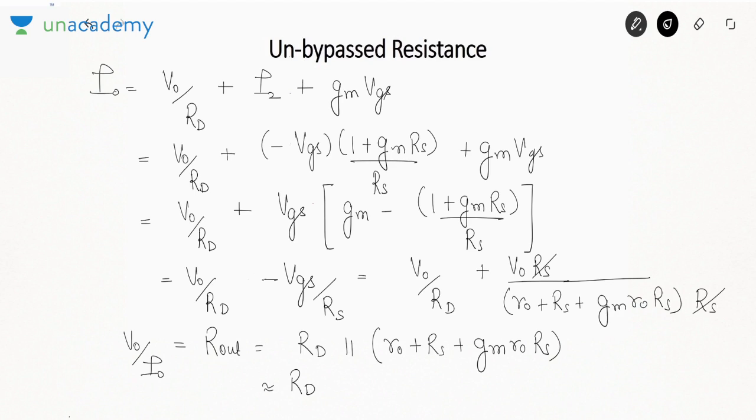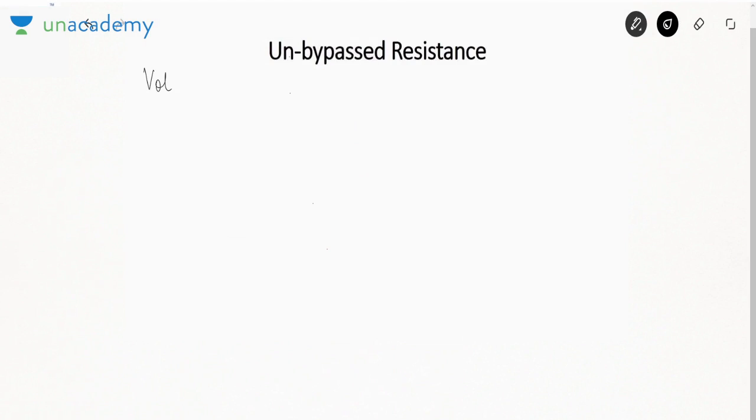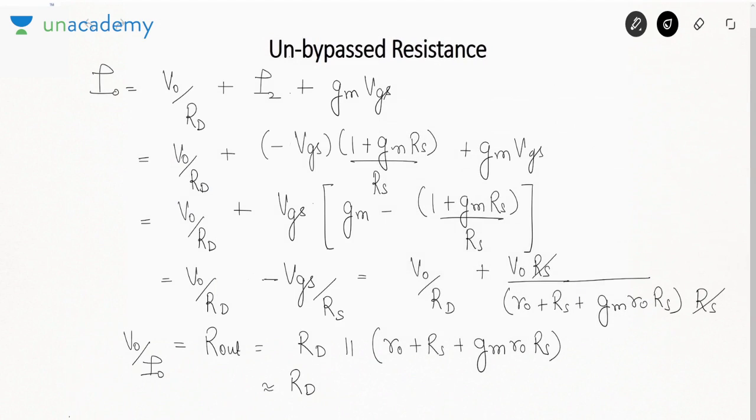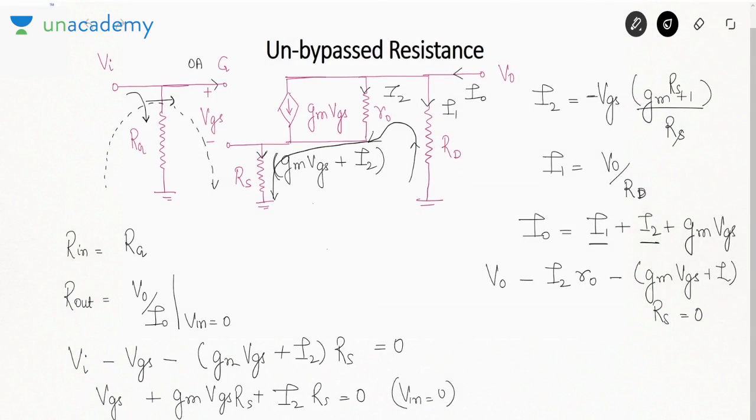Now the last term that I want to derive is the voltage gain. Suppose I want to derive the voltage gain. For voltage gain, again let me go back to the circuit that I designed. It is the circuit. Now I will not show any I naught.